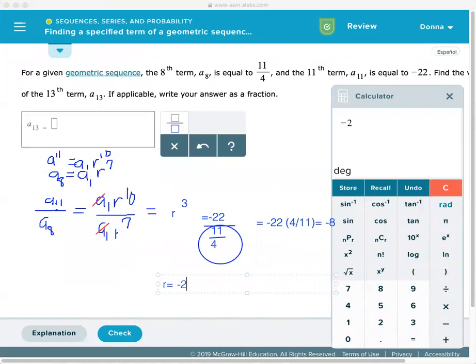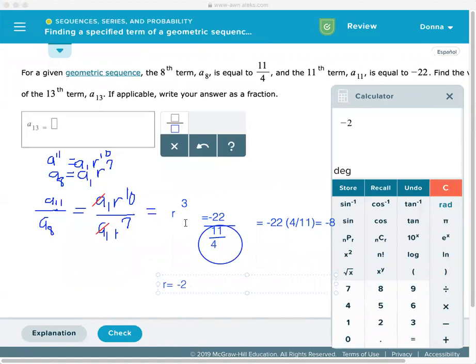So whenever they give you two values, rather than giving you the ratio, or rather than giving you A1, if they just give you two values for non-consecutive terms of the geometric sequence, you just divide. And when you divide, if you take 11 minus 8, you're going to get an exponent of 3.